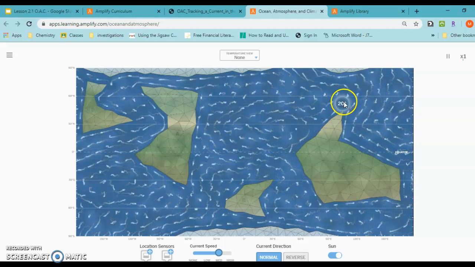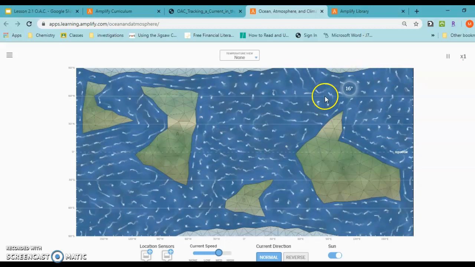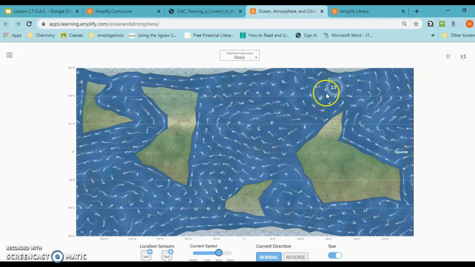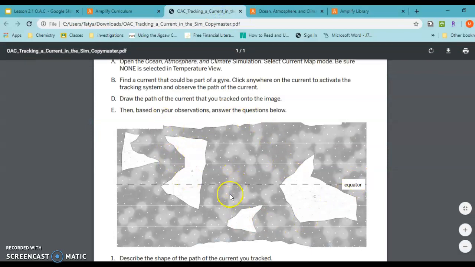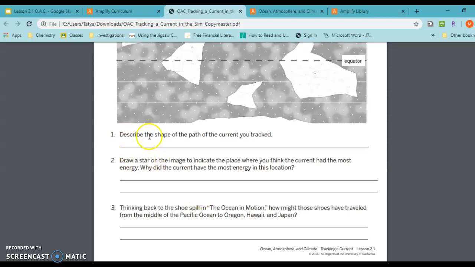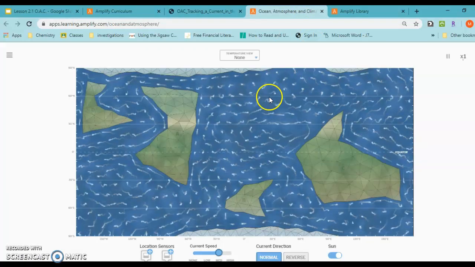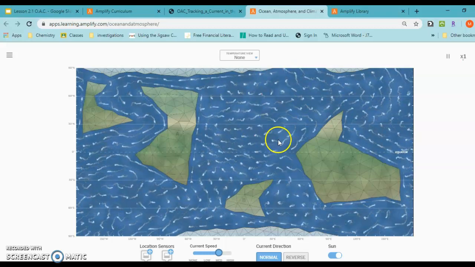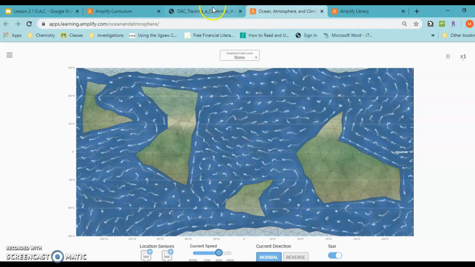So this path that I'm following here, right? I'm going to draw this on this sheet, using, like I said, a PDF editor. You can open it in Drive, you draw it, and you're going to answer these 3 questions. So you're going to describe the shape of the path you tracked. So Miss Jackson's shape was kind of circular, right? I saw that mine was circular, then it kind of went up a little into an S. But for the most part, mine was a circle.